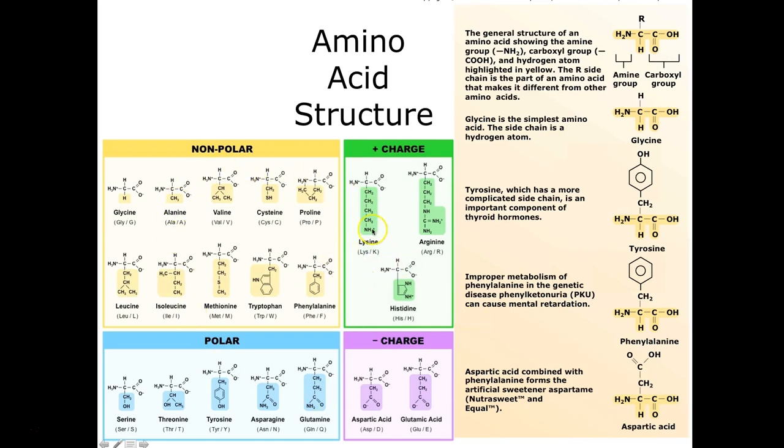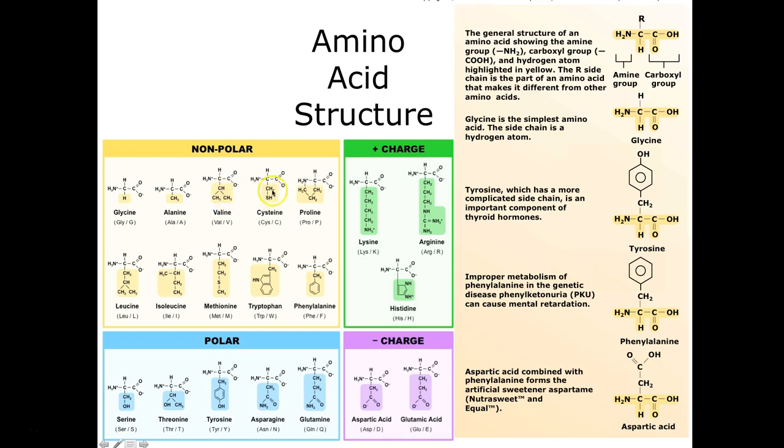So I wanted to give you an idea of what these amino acids look like. Here are 20 of our common amino acids. You'll see that all of them have a similar structure. We have our main carbon, a hydrogen, our nitrogenous group, or amine group we could call it, and then our carboxyl group. And the portion that's shaded is going to be the R group. What that means is that this is variable.